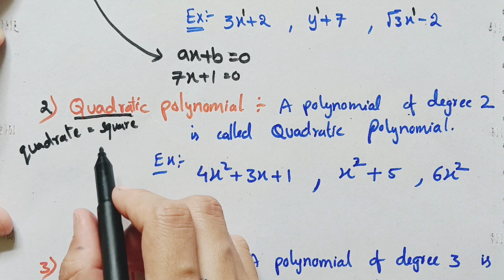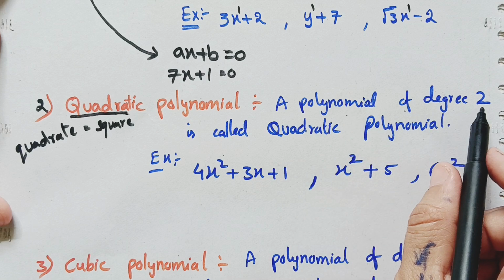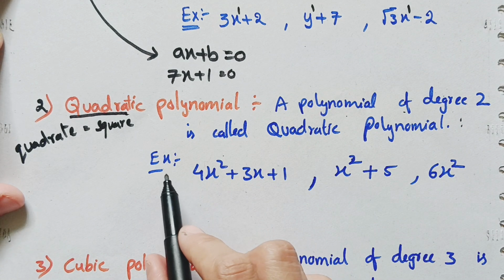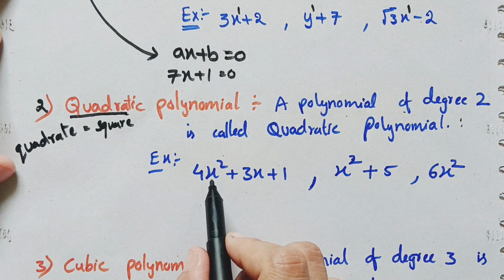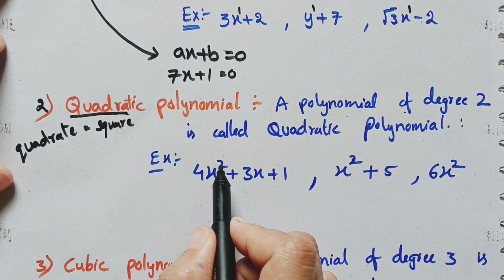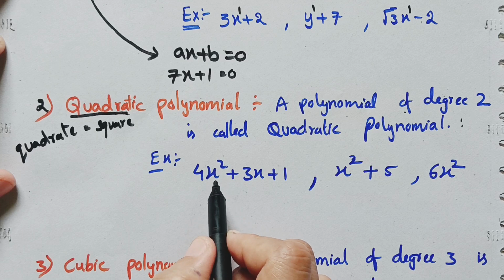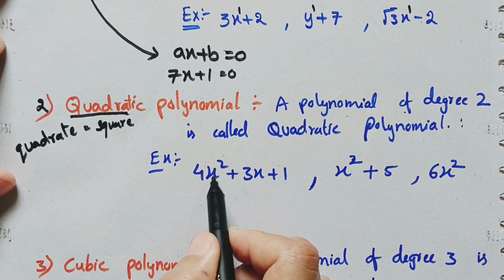Okay, square. So quadratic polynomial means a polynomial of degree 2 is called a quadratic polynomial. Okay, let's see the example. So here we have a polynomial of 4x square plus 3x plus 1. What is the definition of degree? The highest power of the variable is the degree. So here among these terms the highest degree is x square.